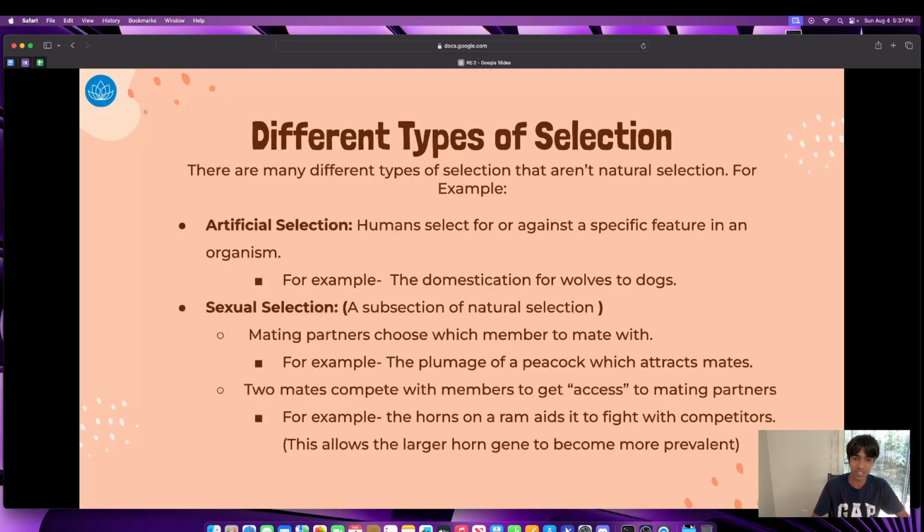And then two males compete with members to get access to mating partners. For example, a ram with really large horns versus a ram with really short horns fight for one mate. Obviously the ram with the larger horns will actually knock out the other ram because it's way more powerful and can easily bash against the other ram.